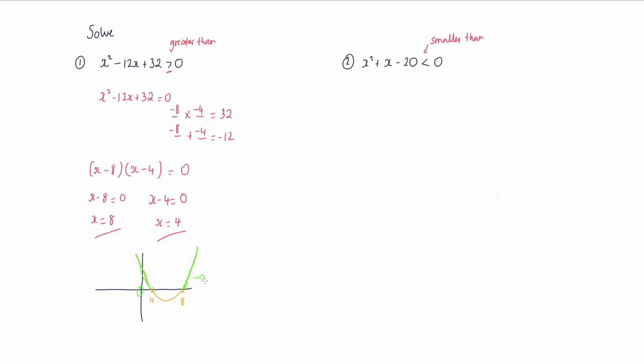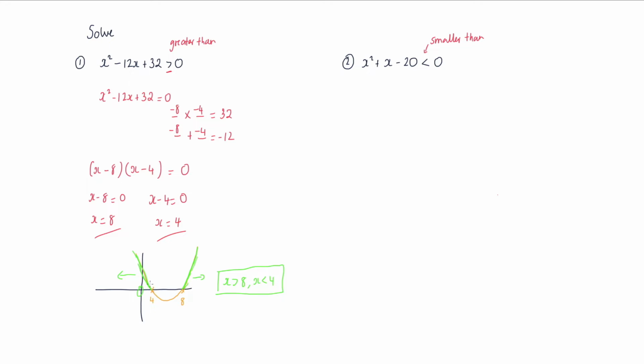So what happens to your x value? It increases. So we say x is greater than 8. And if we look at this green line, as it keeps going this way, your x value decreases. So then we say x is smaller than 4. And that is your answer for this question.